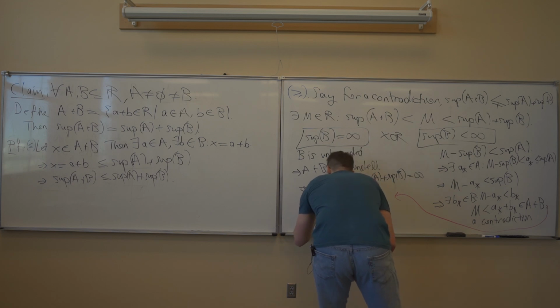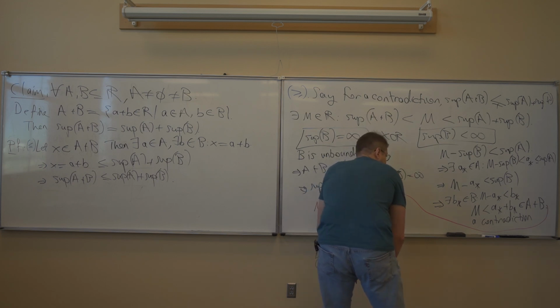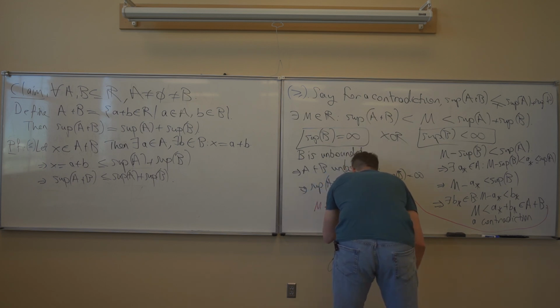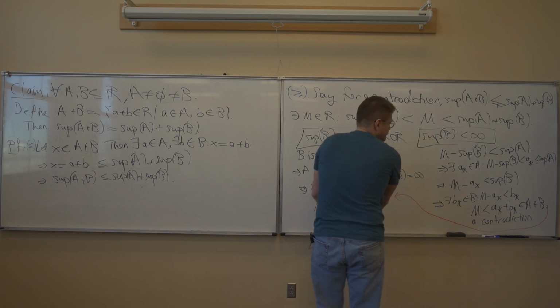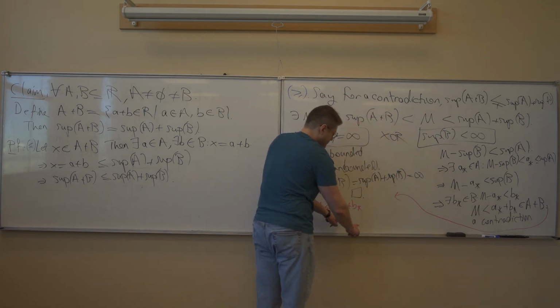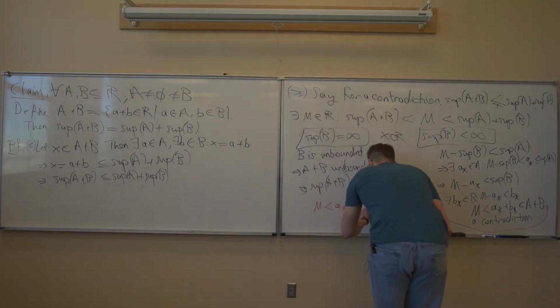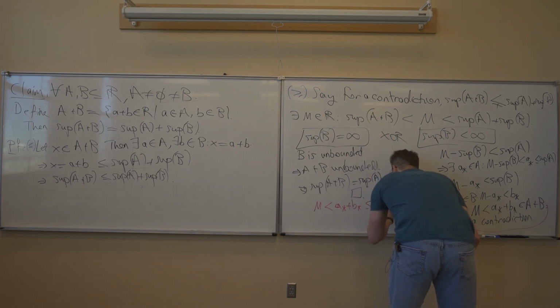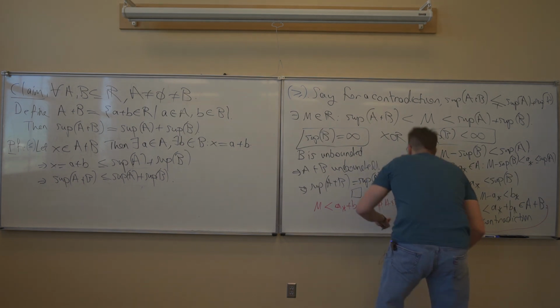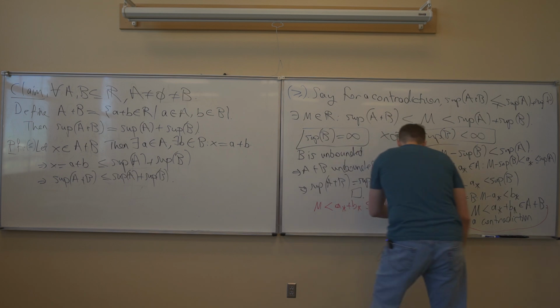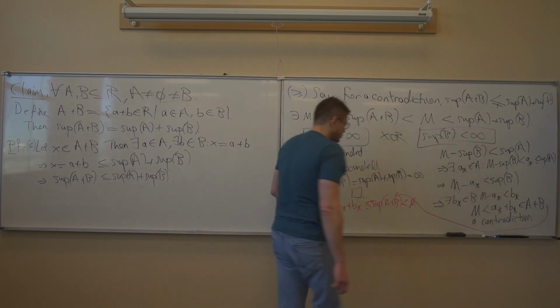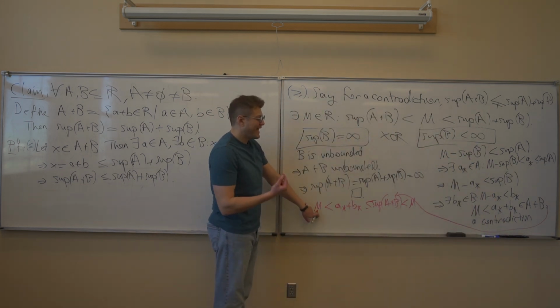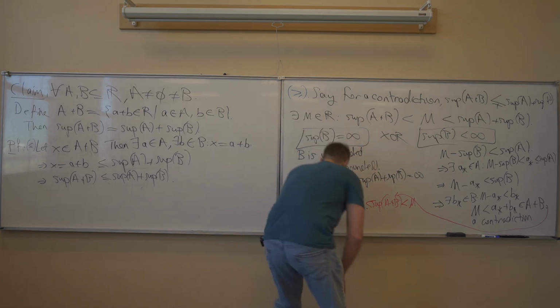So M is strictly less than A star plus B star, which is an element of A plus B, which means that sup of A plus B should be dominating this. But then M is strictly greater than this further. So you see the contradiction is I have a number M that is strictly greater than itself.